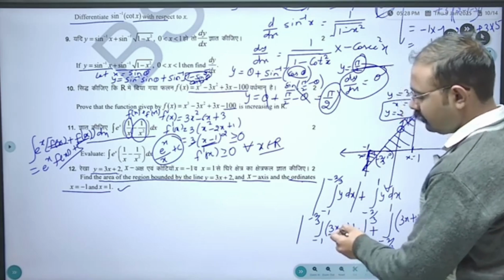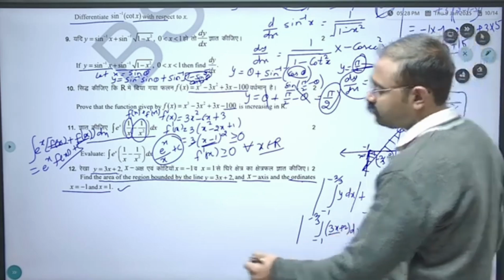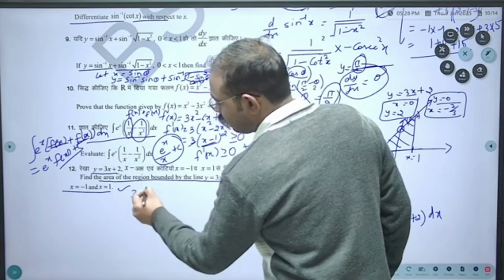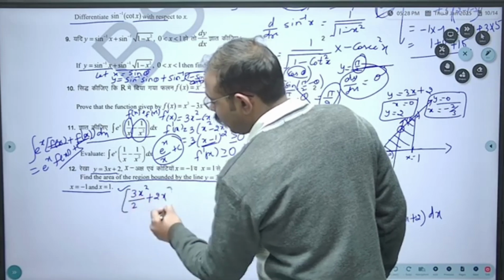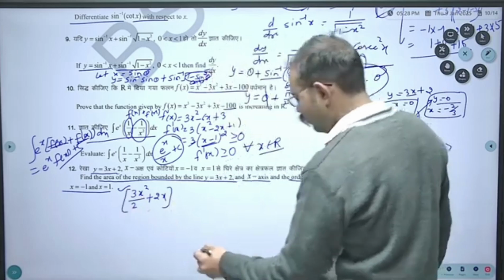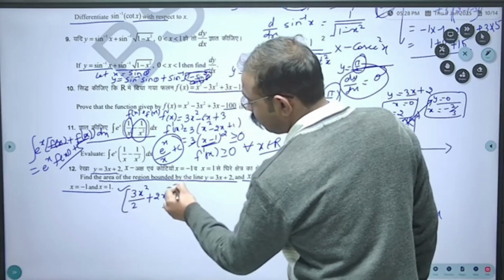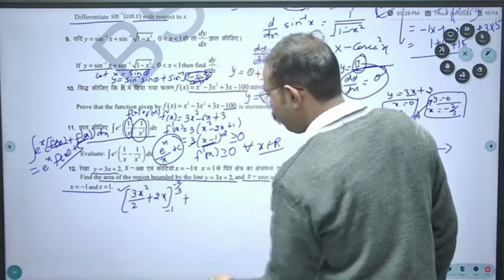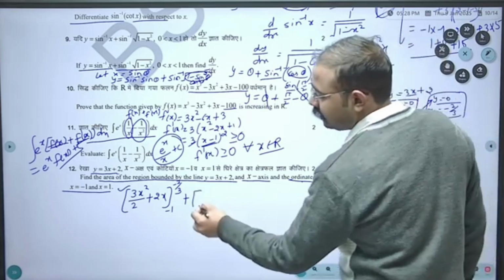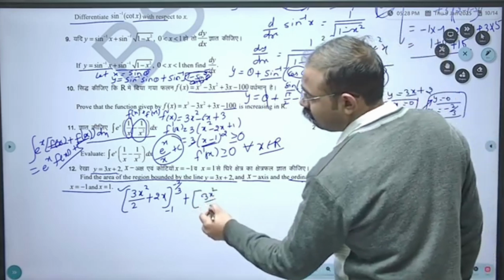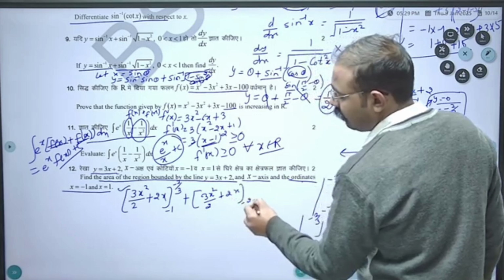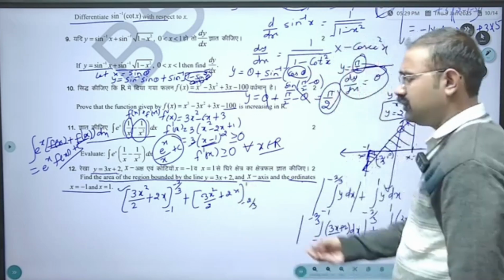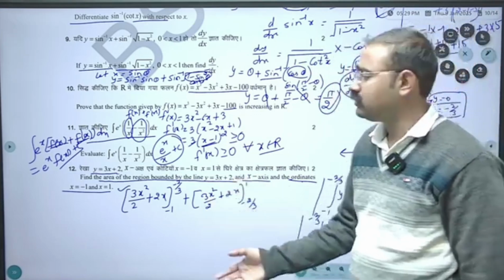Its integration is 3x square upon 2 plus 2x, with limit -1 to -2/3, plus again the integration will be the same, 3x square upon 2 plus 2x, and its limit will be -2/3 to 1. Simply by solving this we will get our answer.